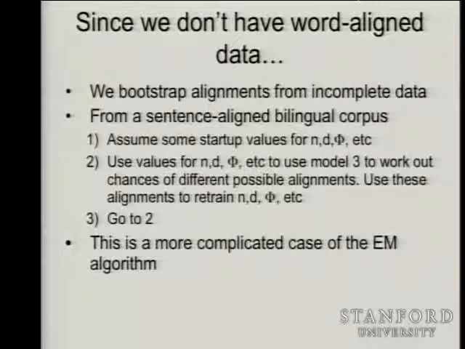Then based on those likely alignments, we're going to re-estimate all the parameters, because once we have likely alignments, we can just look at the fertilities, right? If a word has been aligned to 3 things, we say fertility 3, and put that into our counts and run the EM algorithm.